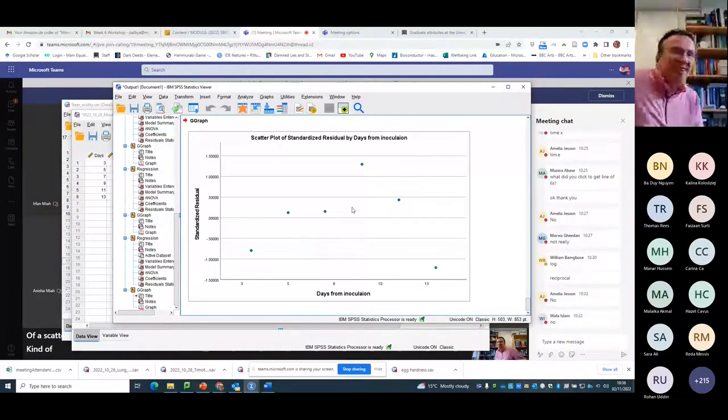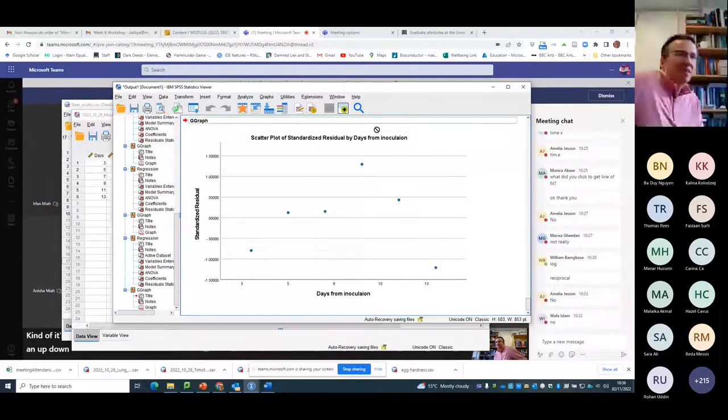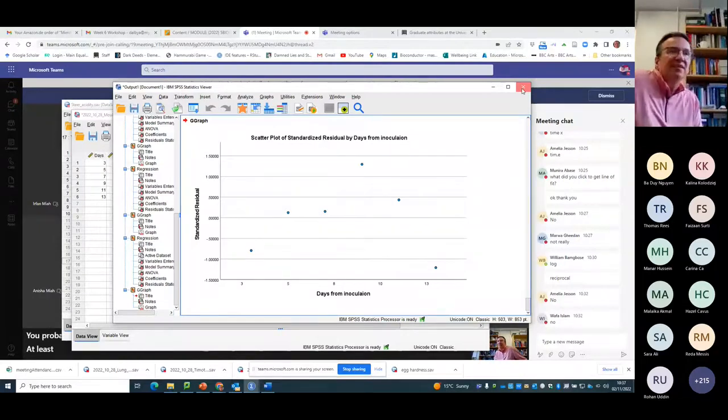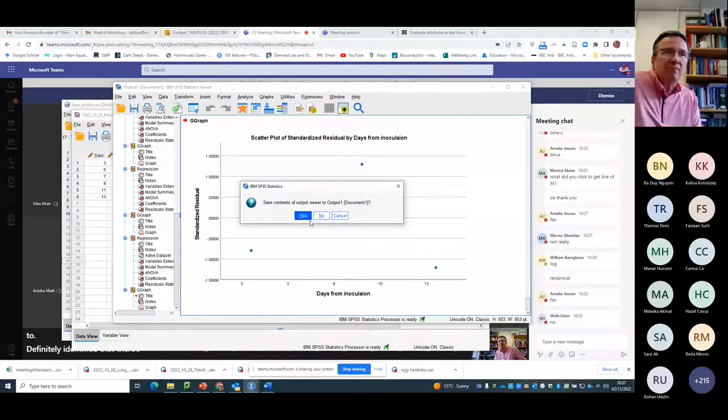There are so few points that there's a bit of an up-down, actually. Perhaps there is a bit of a curve there, but it's too small a data set to be sure. You probably need at least 10, probably about 20 points, to definitely identify that there's a curve in it.